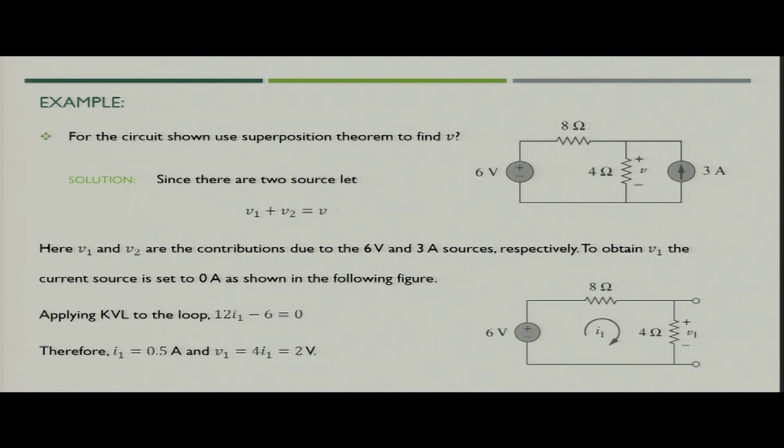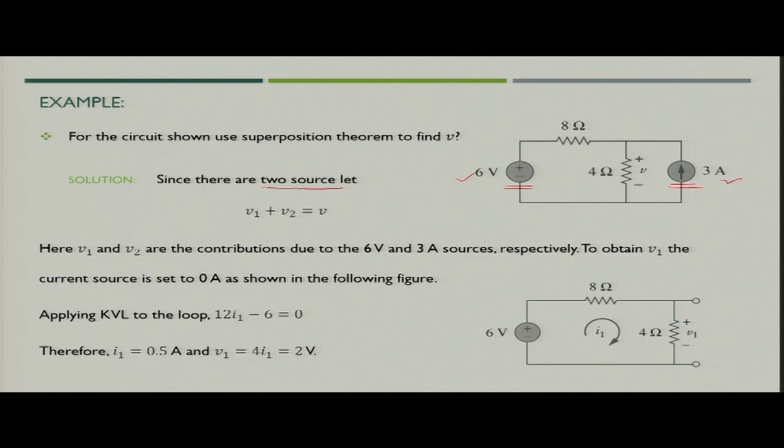Now, let us take one example so that you can understand the superposition theorem more clearly. If you see this particular circuit, you have two sources, one is a voltage source, another is a current source.